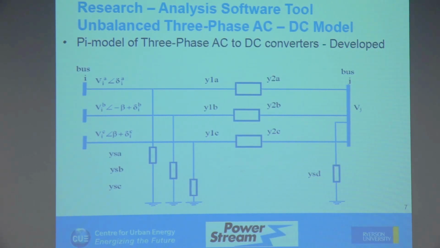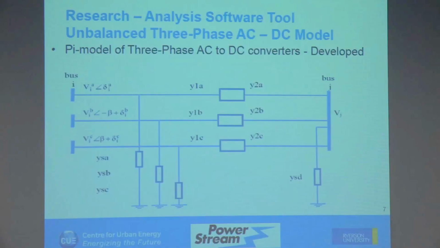It's just like a transformer. In a transformer we should be able to set the tap, and the tap might be a complex value, with a magnitude and a phase angle. In a similar thought, if we have a conversion factor and it is a controlled converter, we would be able to set those values, and those are the values right in here.